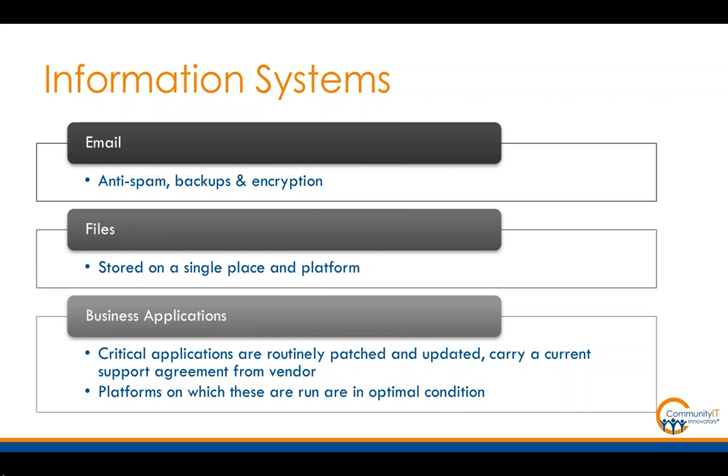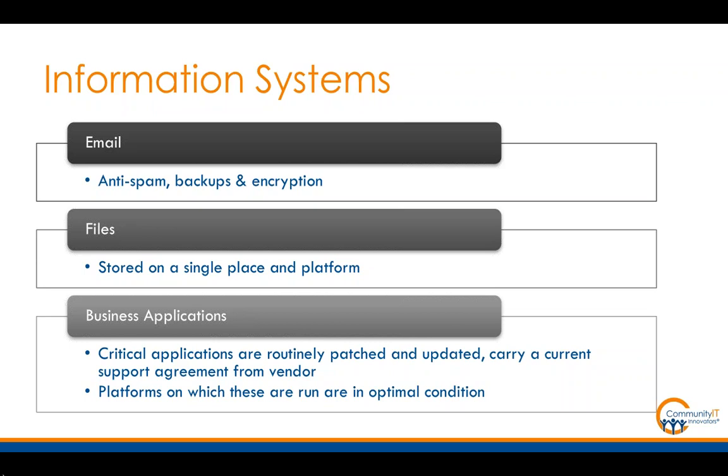So when we talk about files, that's what we're talking about. If we have stuff on a local server, we have stuff on Amazon, we have stuff on Dropbox, and everywhere else, then it becomes very difficult to make sure that we have the most recent file, that we have the ability to restore any data that's needed.